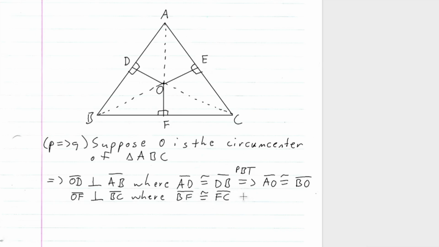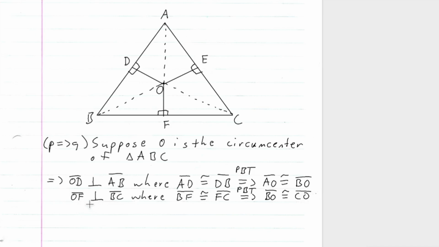And then again, by the perpendicular bisector theorem, we know that BO is congruent to CO, right?